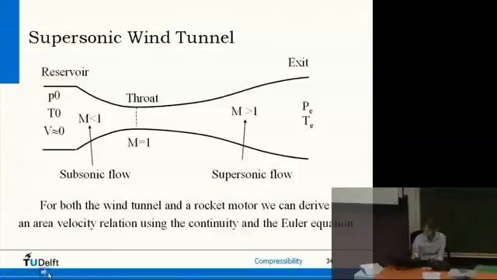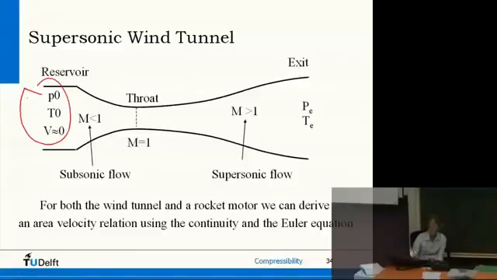Okay. So an overview of supersonic wind tunnels. Way up here there's a reservoir with reservoir conditions. The pressure ratio over this and the contraction ratio of the nozzle are such that you can get supersonic flow. So before the throat you have subsonic flow.